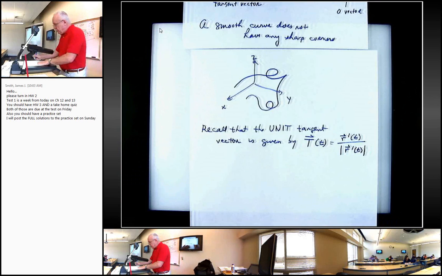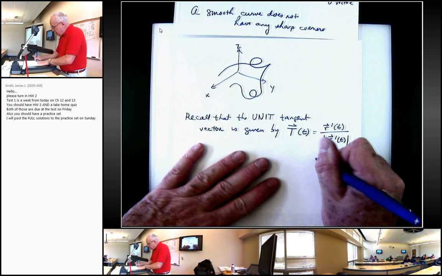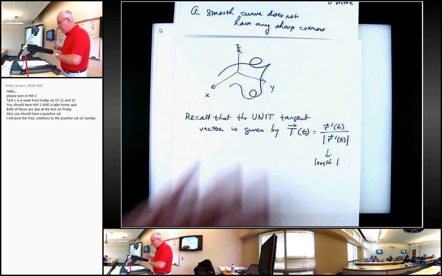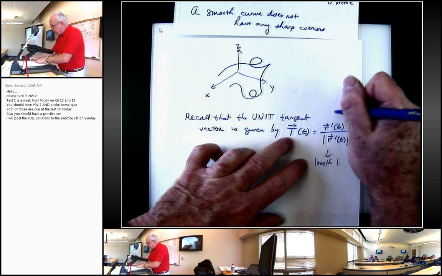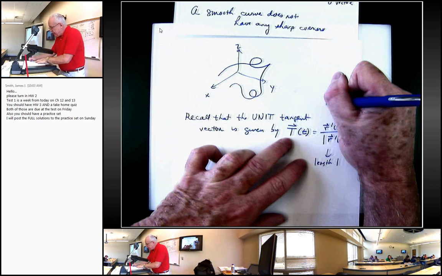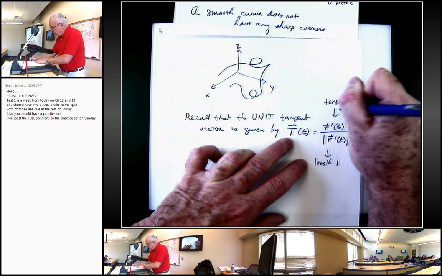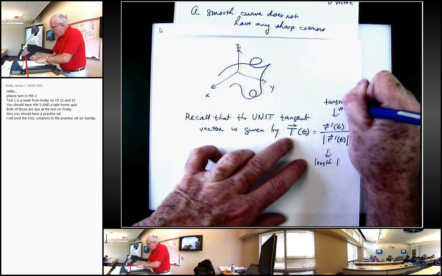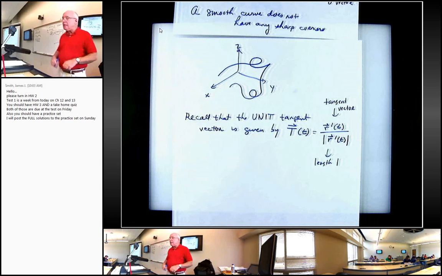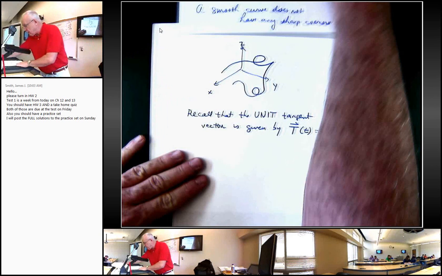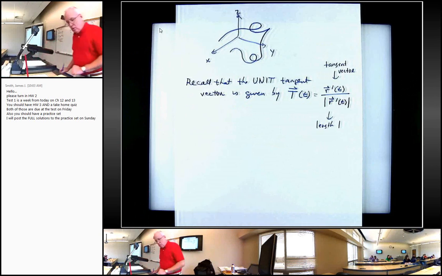So this is a unit vector. It has length 1. The numerator up here is our tangent vector, but because we divide it by its magnitude, it becomes a unit vector. We have length 1.